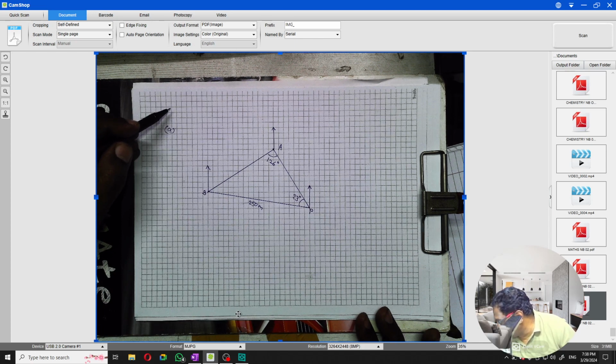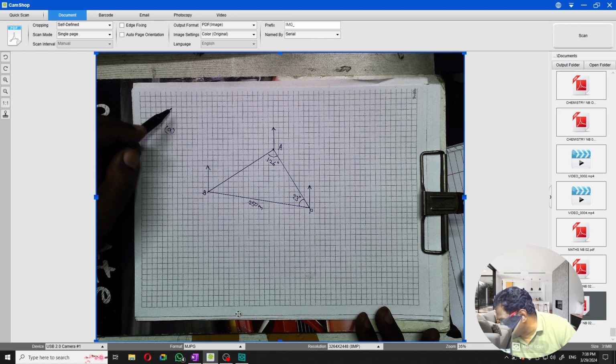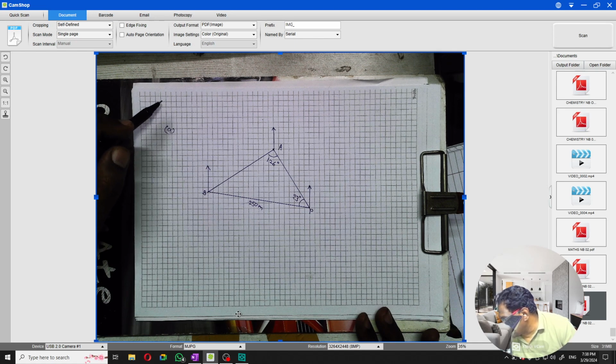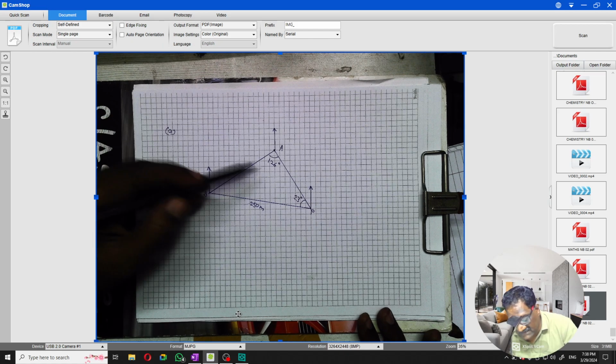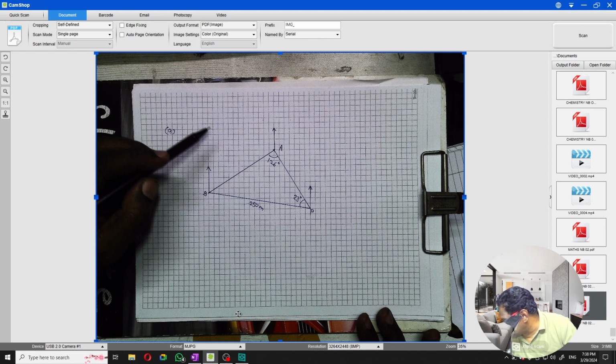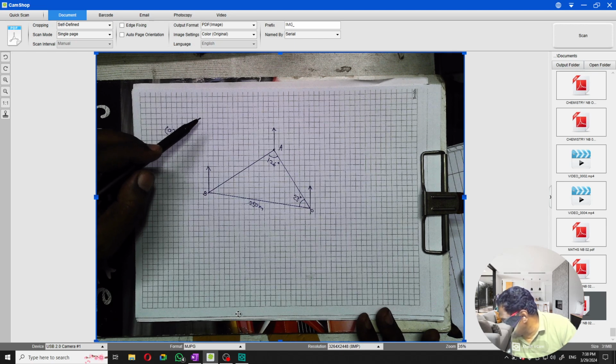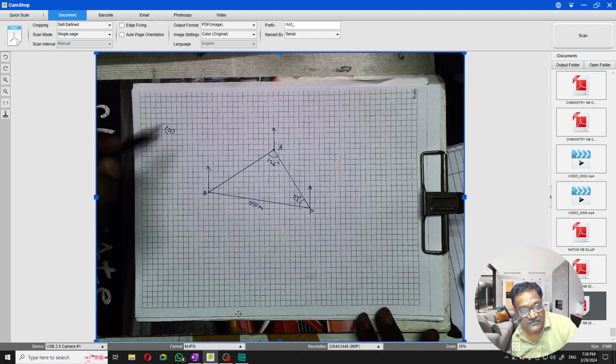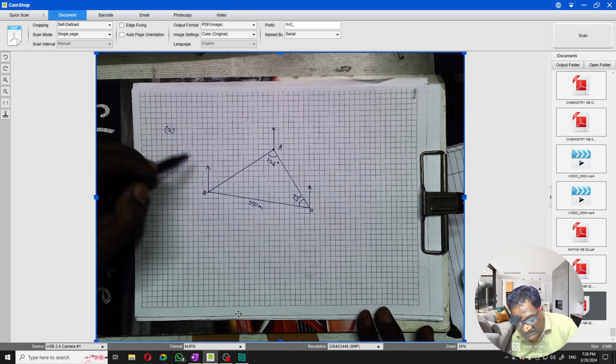No, they haven't. Two angles and a side are given to you, so from this we can find the length AB using the sine rule.